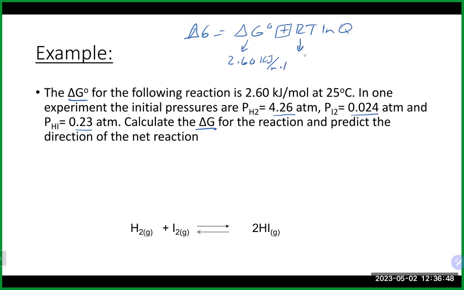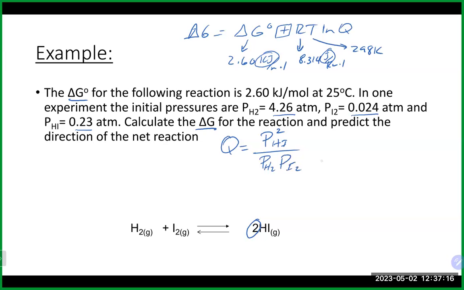We do have our R value here. We do have our temperature of 298. Once again, we do have some issues with some units we got to watch out for as well. And we do need to calculate Q, which we can from the pressures here. So Q in this case would be the partial pressure of HI, and we do need to square it like normal for the 2 that is there, divided by the partial pressure of H2 and the partial pressure of I2.